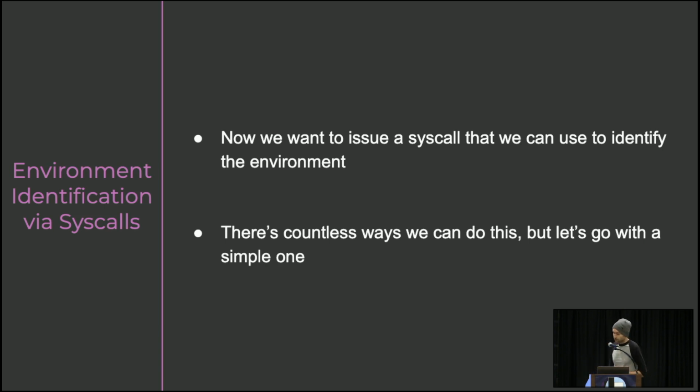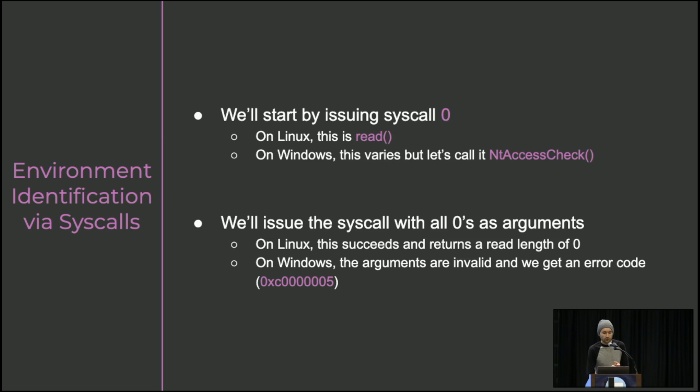Now that we have our harness for making syscalls on the Linux host environment, let's make a syscall that we can use to identify which environment we're on. There's countless ways we can do this, and again, I'm just going to do the simplest one I could come up with. We're going to issue syscall 0.